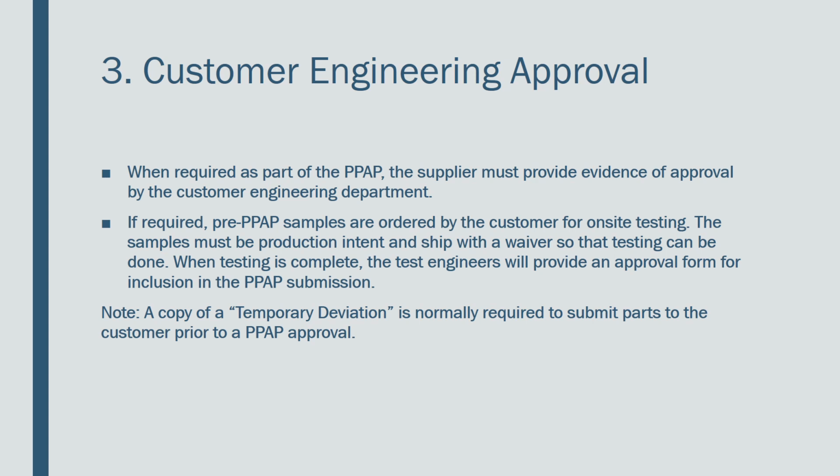If the testing is completed, the test engineer will provide the approval form, which is also included in the PPAP submission when the supplier is submitting for customer approval. A copy of the temporary deviation is normally required to be submitted for customer prior PPAP approvals.